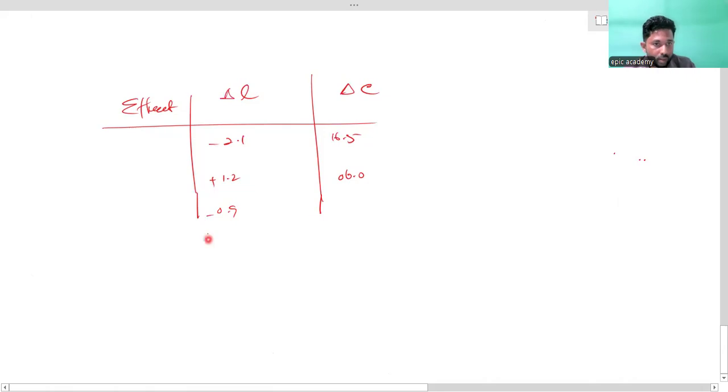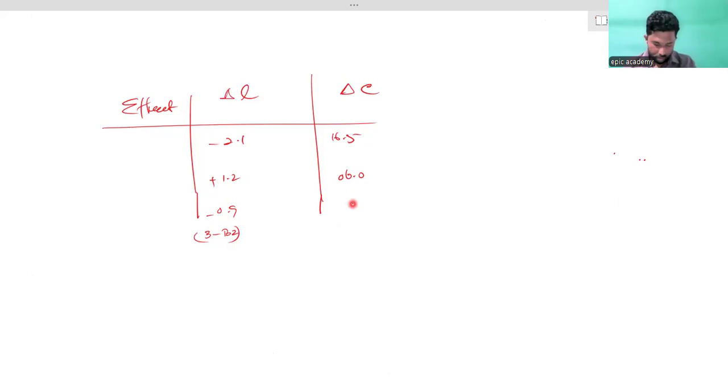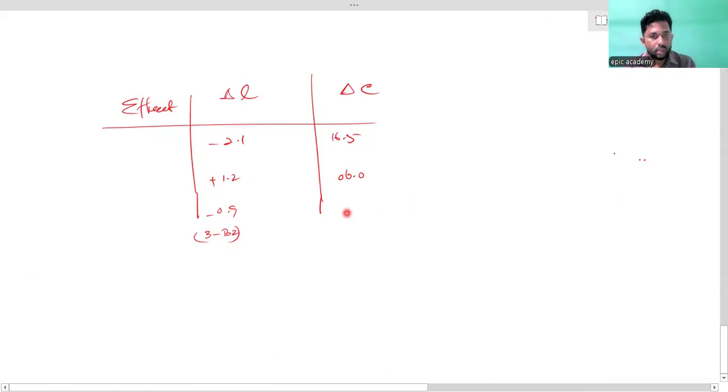The consumption changed from 34.5 to 40.5, minus 34.5, so the change is 6, isn't it? 6.